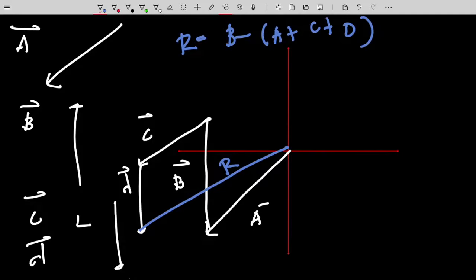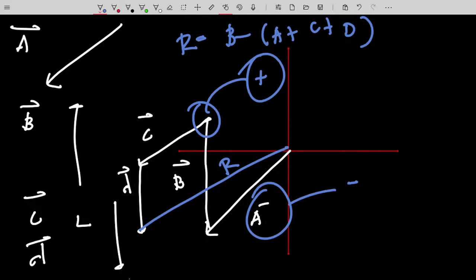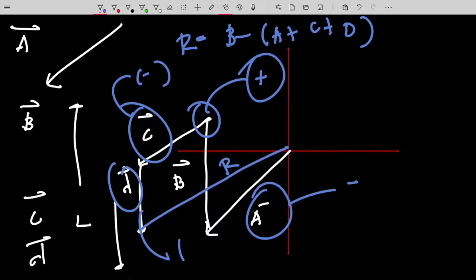Because your A is directed to the negative direction because it is directed to the southwest, while your B is directed to the positive direction because it is directed to the north, and C is a negative one because it is directed to the southwest, and your D is also negative because it is directed to the south.